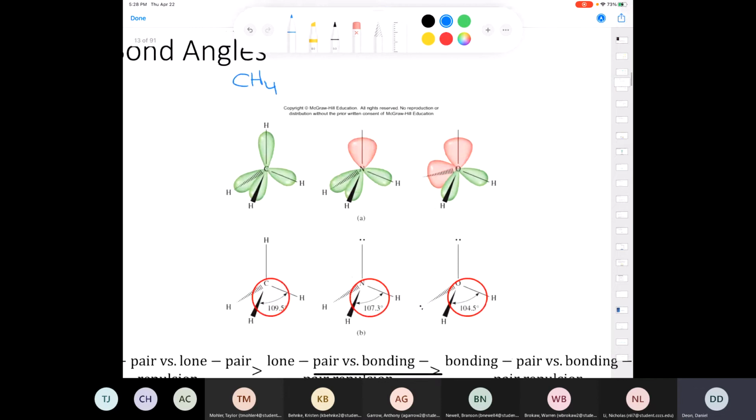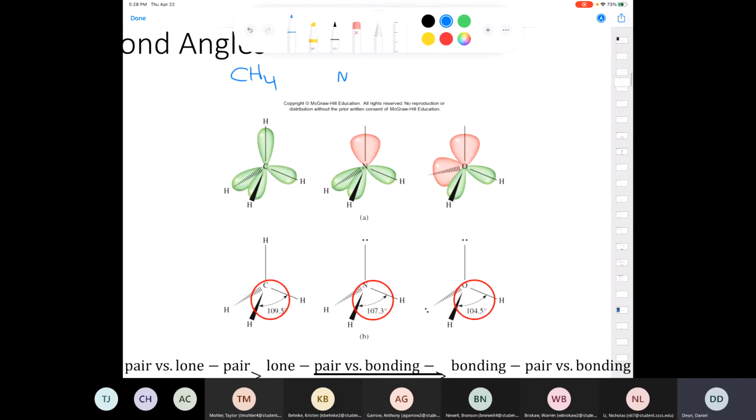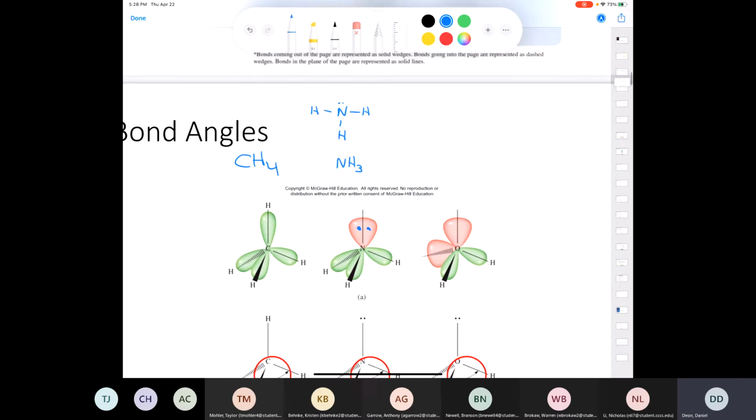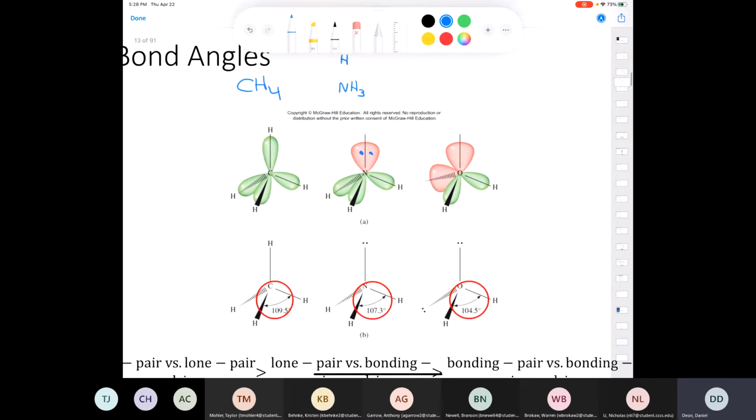What happens when we have a molecule like ammonia, NH3? Well, you know that the Lewis structure of ammonia has 3 bonds to the hydrogens, but a lone pair. So the lone pair of electrons is in this orbital right here. Now, the thing is that in this bond the electrons are shared, right? Whereas the electrons in here are unshared, right?